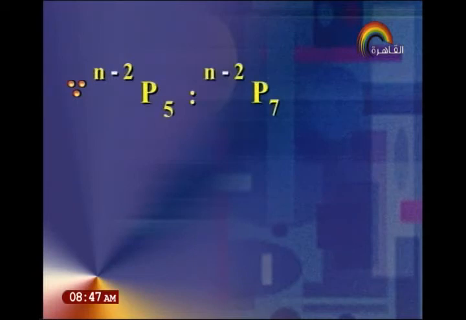Look at, we return to the first given, (n-2)P5 ratio (n-2)P7 equals 1 ratio 42.